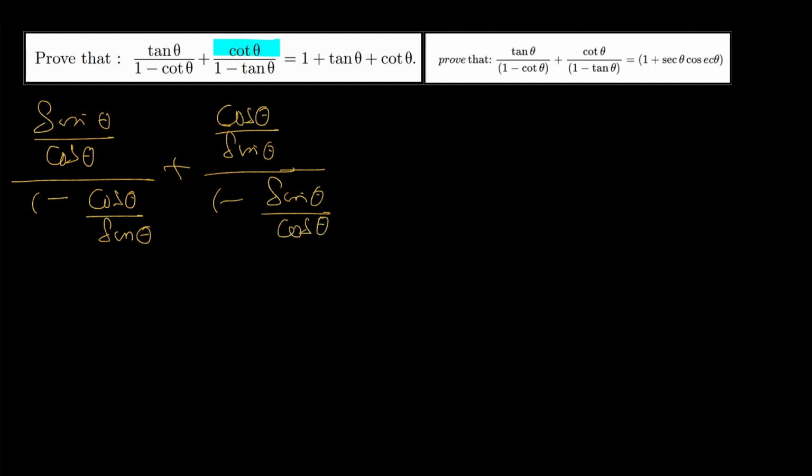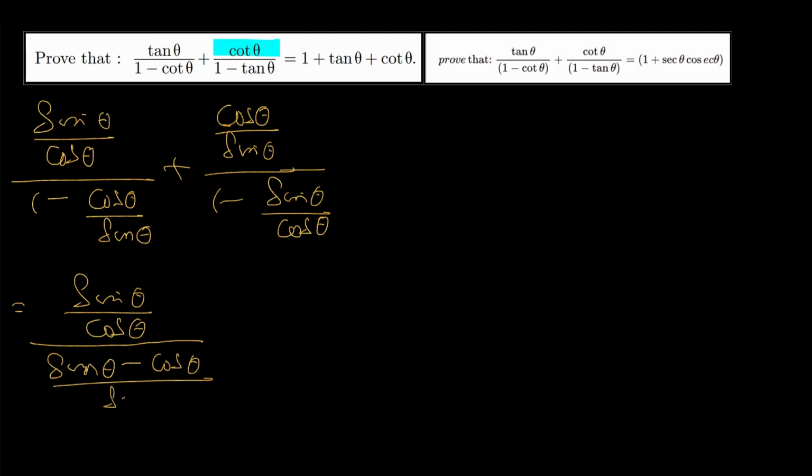Now what we can do here is to take LCM first in the denominator. So the numerator will be sine over cos only. If I take LCM over here, the LCM is sine, right? So if I take LCM, I'll get sine theta minus cos theta, that whole divided by sine theta.